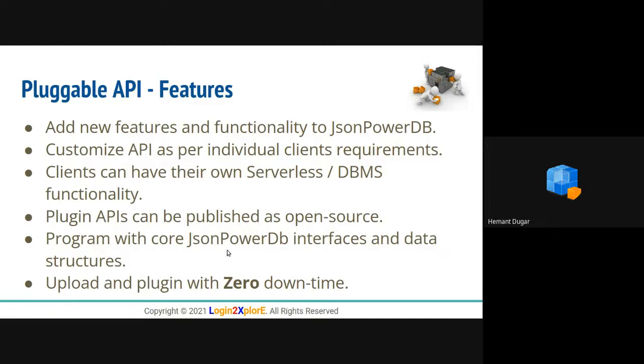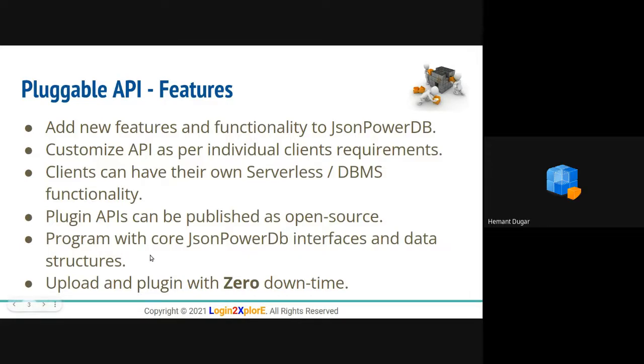Program with the core JSON Power DB interface and data structures. When you work on the development of a pluggable API, you will have access to inner interfaces and functionalities of JSON Power DB, such as the internal database-related API, the internal key-value pair-related API, and geospatial-related internal interfaces.